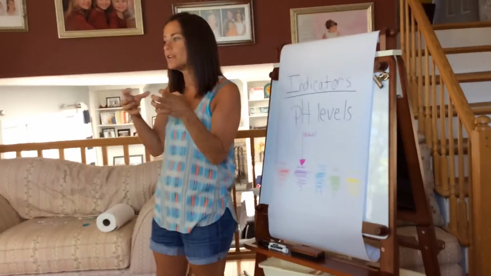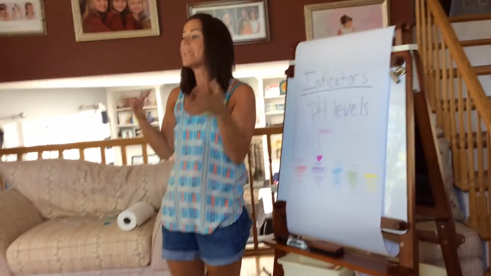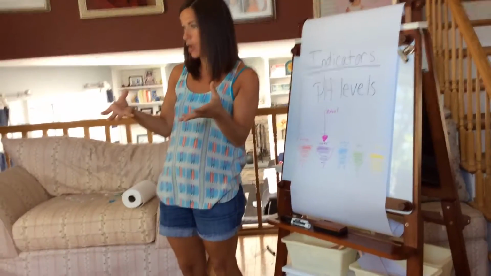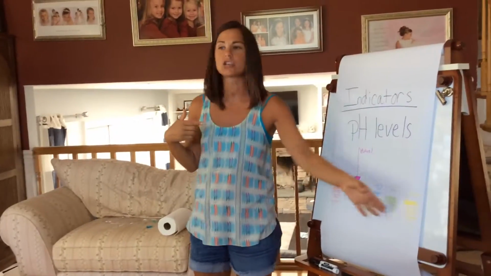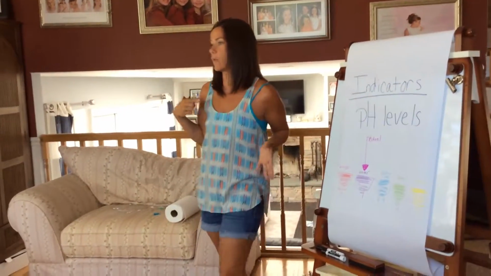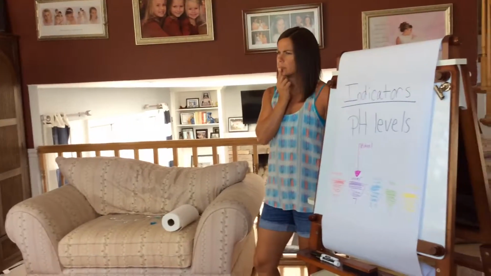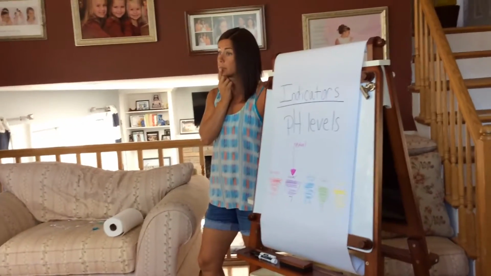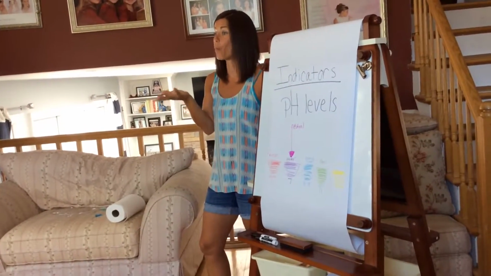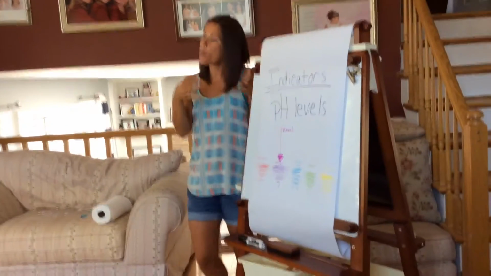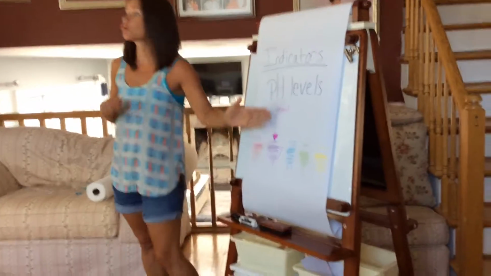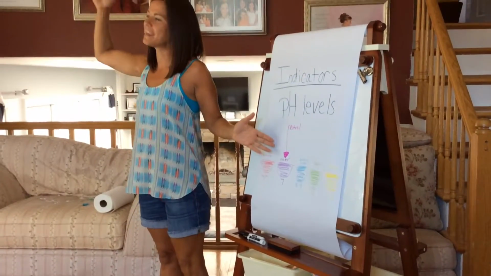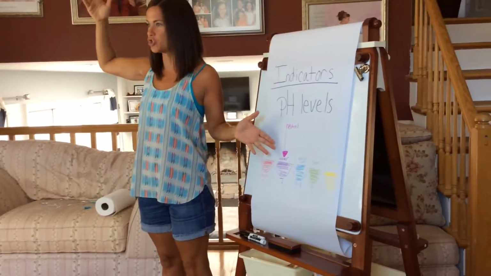Having a neutral level of pH is important, right? Why is it important to determine the pH level of different liquids? To know what is like in your house and around your environment. Okay, excellent. If we want to stay neutral and your drinking water is high in pH, we might have to do what?